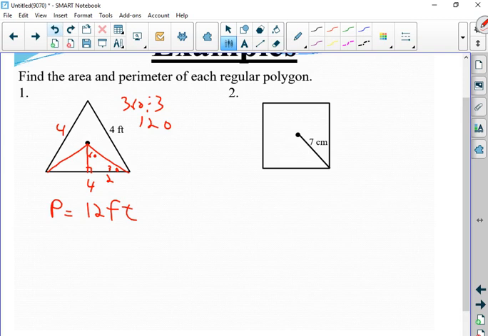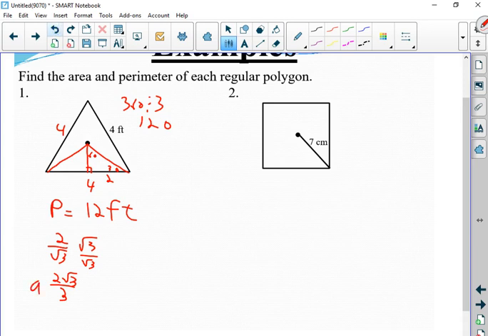And that is opposite the long side. So to find the apothem, which is the short side, we need to do 2 divided by root 3. And then we rationalize. And that gives us 2 root 3 over 3, or 2/3 root 3. So that's our apothem right there.